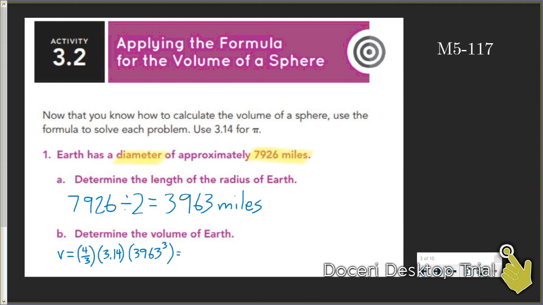And I'll give you just a second to type that into your calculator. And once you hit enter, you're going to get a really large number.